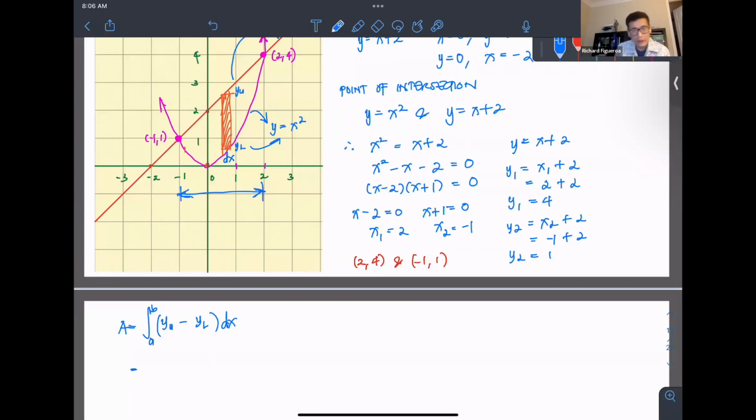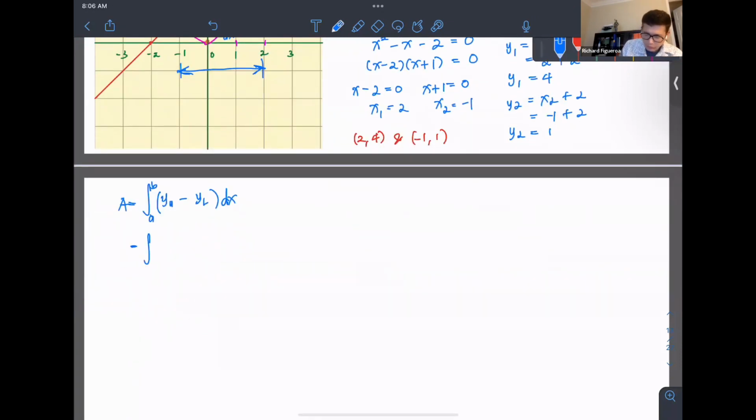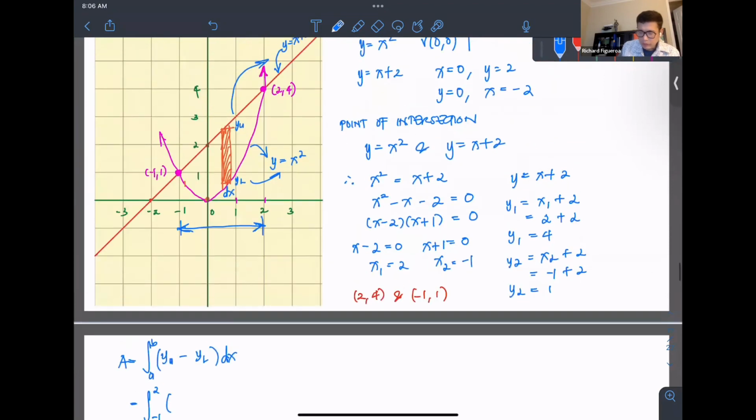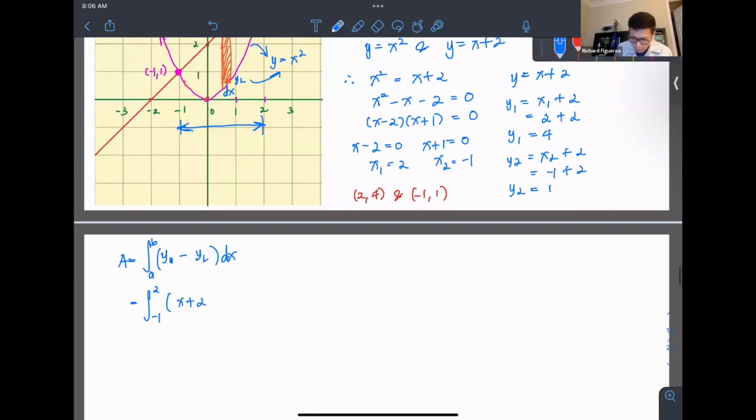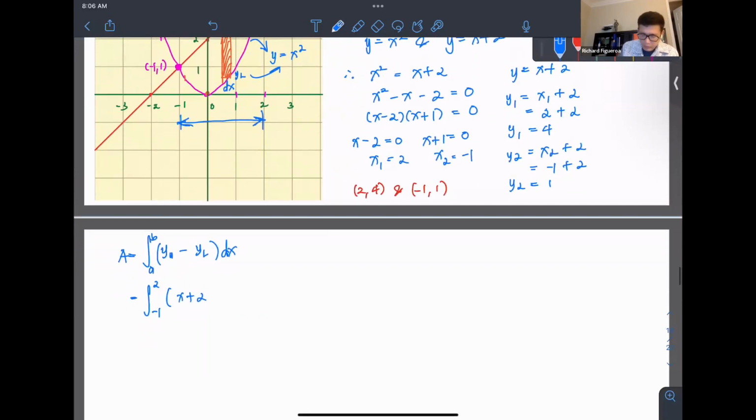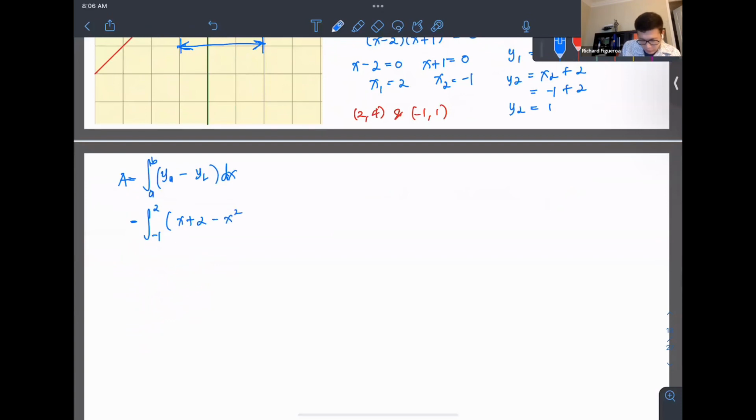So the integral is from -1 to +2. And then our y upper is y equals x plus 2, and our y lower is the parabola, which is x squared. So minus x squared dx.